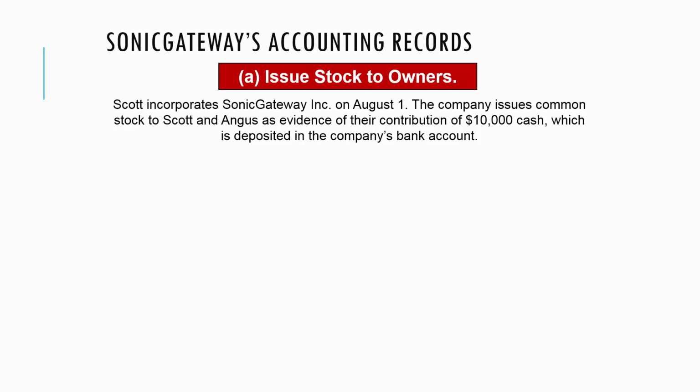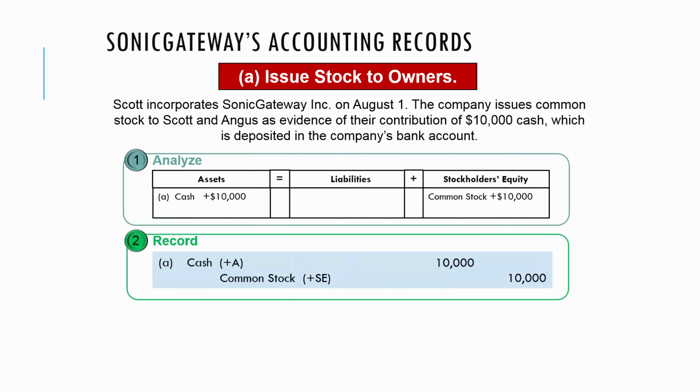Let's go back through these now. Probably I confused you very much a moment ago, so let's go through and look at this again. When we issued the stock, if we recorded this in journal entries, we would record it this way. If we recorded it in our analysis with the accounting equation, we already went through that. If we translate that into a journal entry, it looks like that.